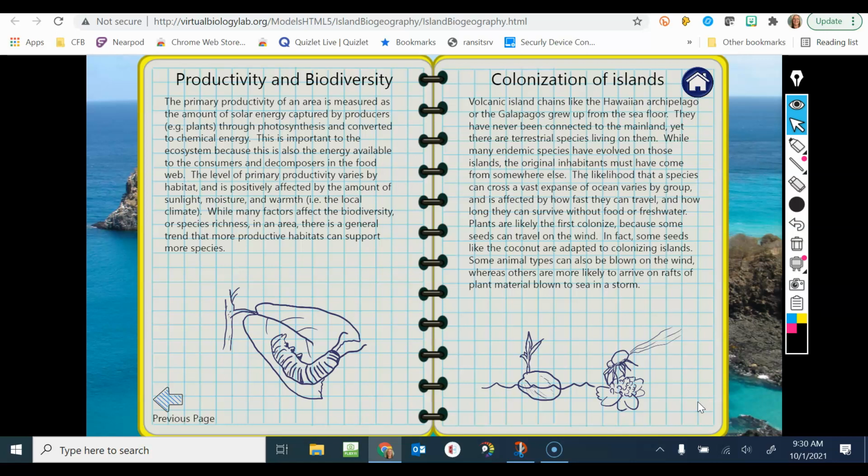In other words, what kinds of success are these species going to have based on the plants and the animals available, and how colonizing becomes more difficult without food and fresh water, of course, and whether or not there's a lot of interaction having to do with things like hurricanes and bad weather and the type of island you have, as in, is it tundra, is it desert, is it tropical, that kind of thing.